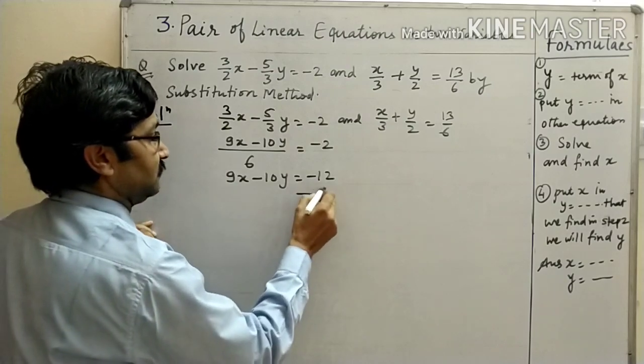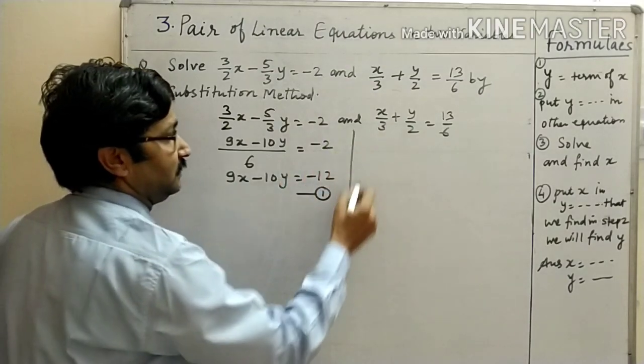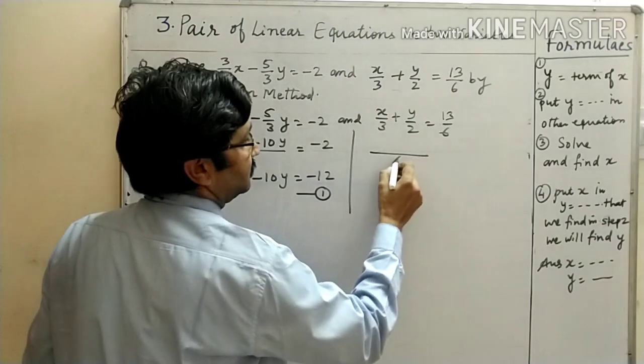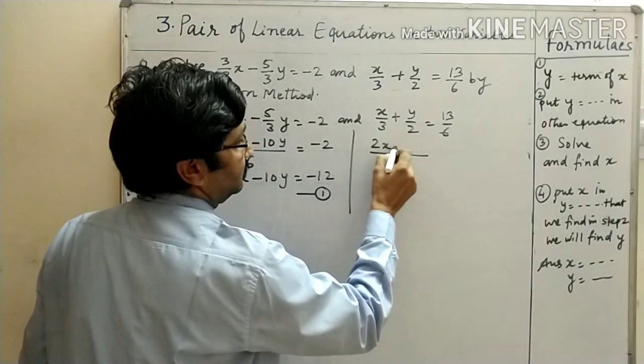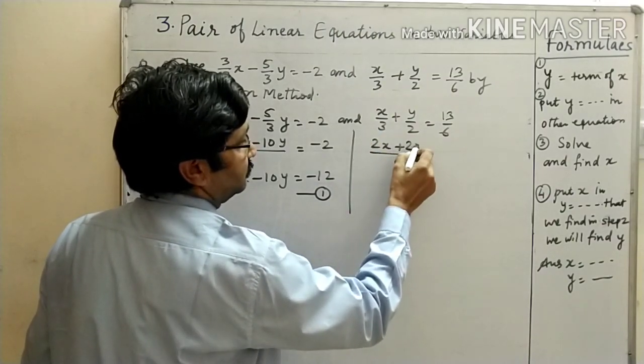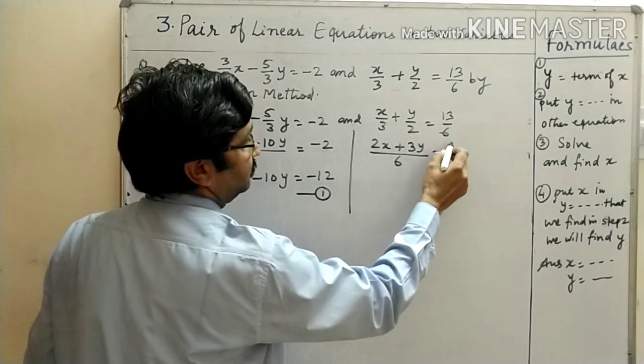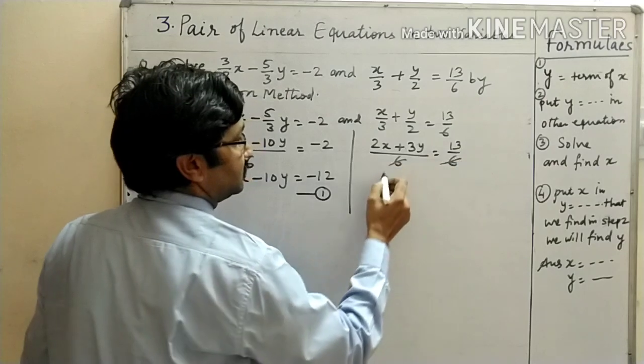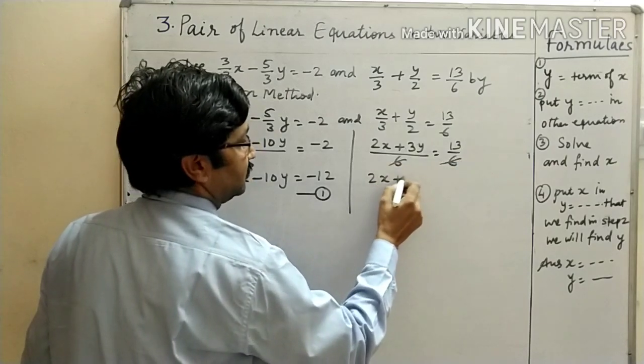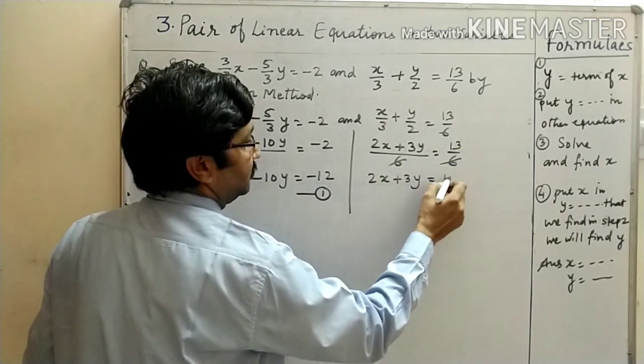This is equation number 1. Similarly here, take the LCM, which is 6. So 2x plus 3y equal to 13/6 times 6, the 6 and 6 cancel, so 2x plus 3y equal to 13.